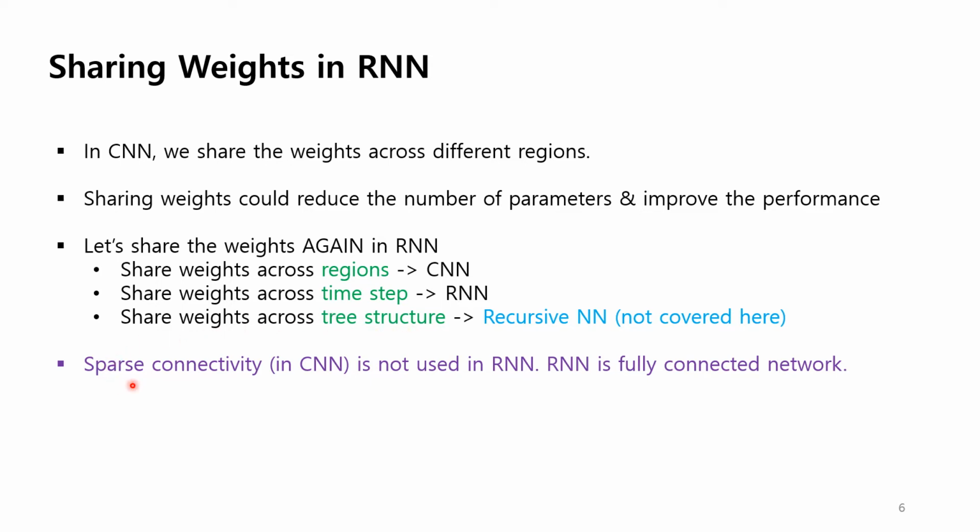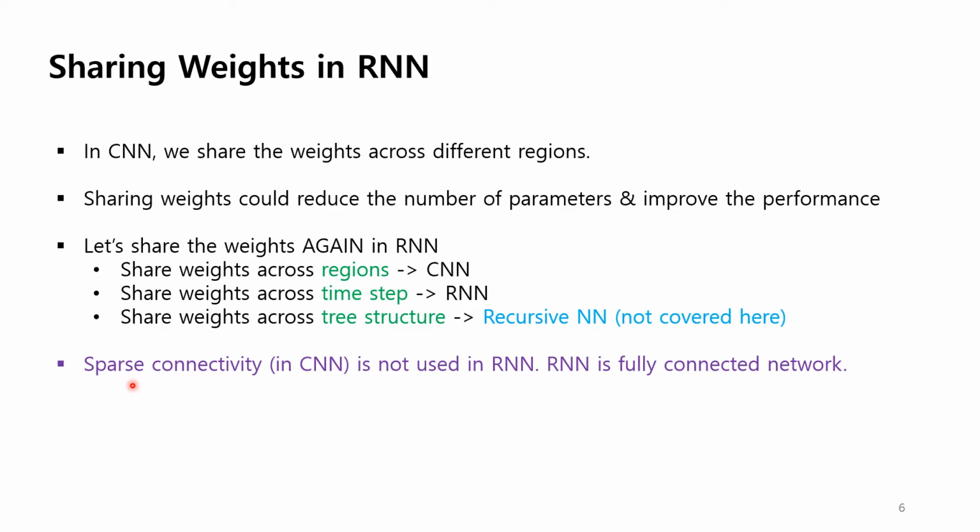I said the main difference between CNN and the traditional neural net is three things. The first one is weight sharing. The second one is sparse connectivity, also called local connectivity. And the third thing is the pooling layer, although the pooling layer is not widely used these days anymore.